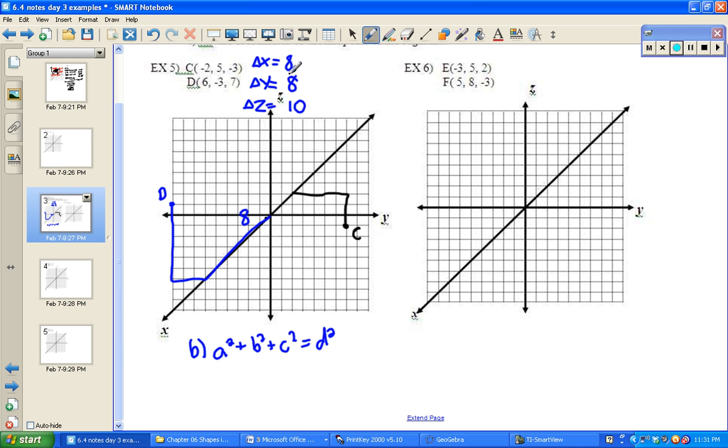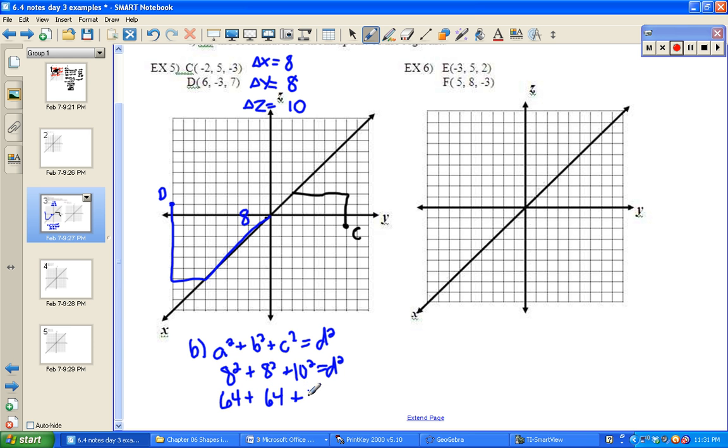And a, b, and c are the difference in the x, the y, and the z. So it's going to be 8 squared plus 8 squared plus 10 squared equals d squared. So 8 squared is 64.